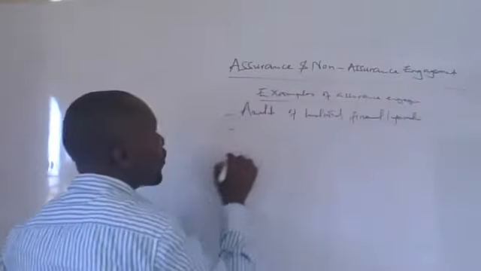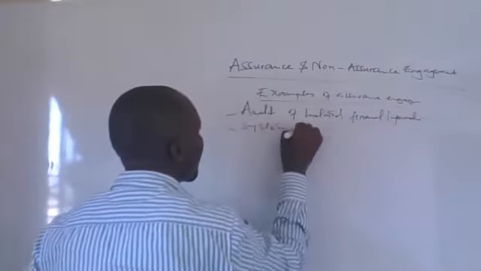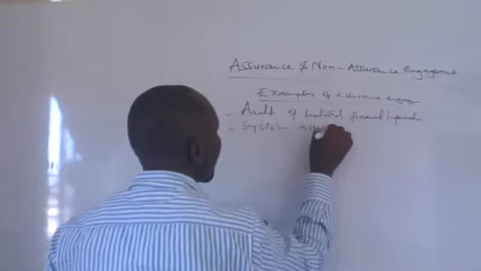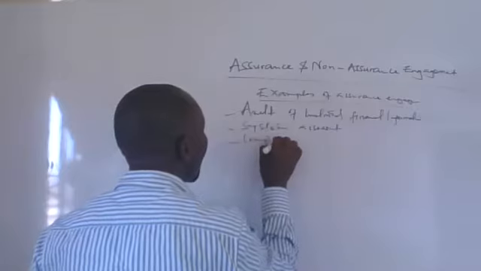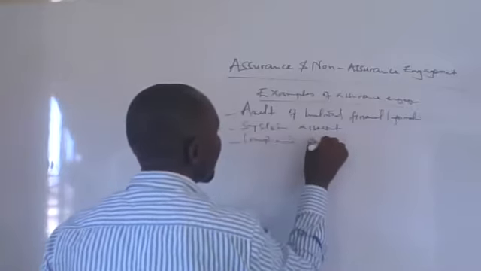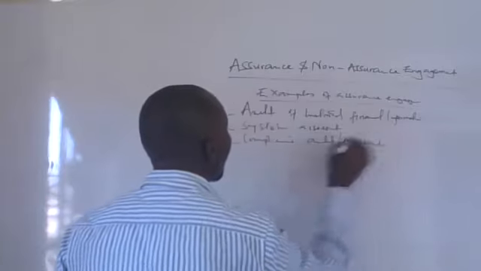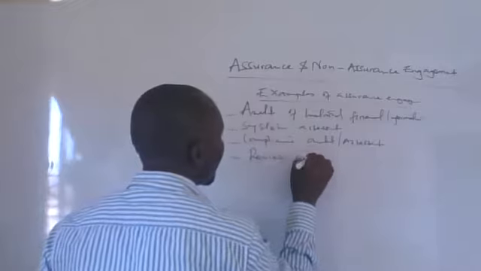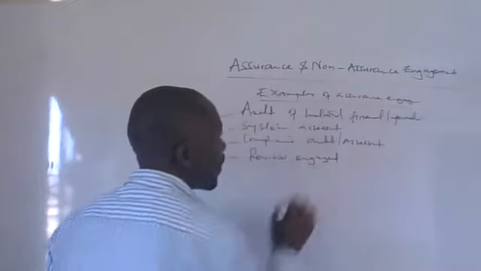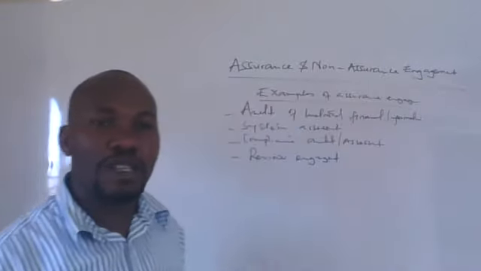So that is one. We also have a system assessment. We also have compliance assessment or compliance audit. We have review engagement. Those are examples of assurance engagement.